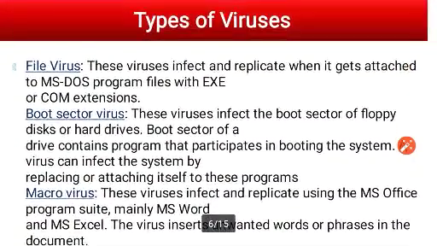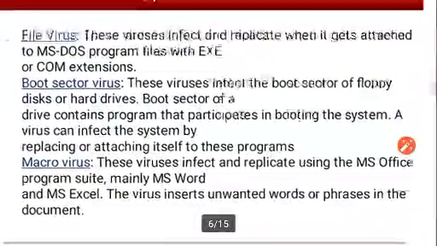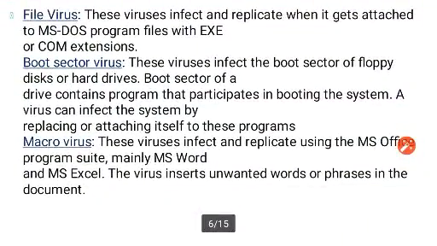Now, let us understand what the types of viruses are. We have almost 3 types of viruses: file virus, boot sector virus, and macro virus. A file virus is when the virus is attached to programs with .exe or .com extensions.